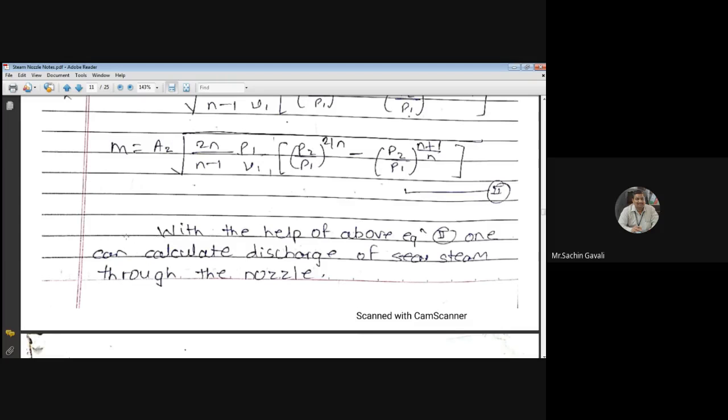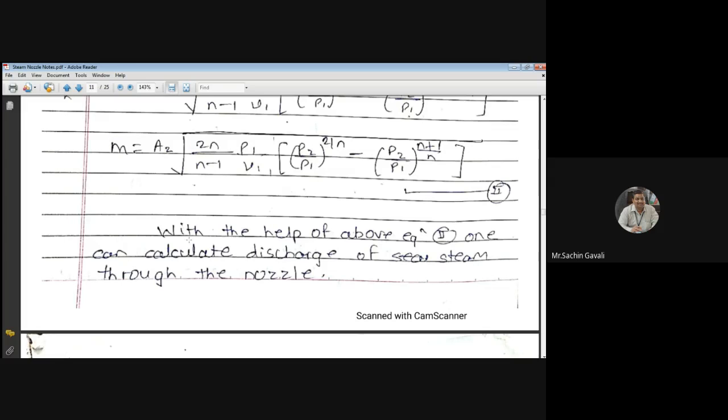Okay, out of that, M depends on A2. M depends on N, the adiabatic index of that steam. M depends on P1 also. M depends on V1, and M also depends on P2 upon P1.